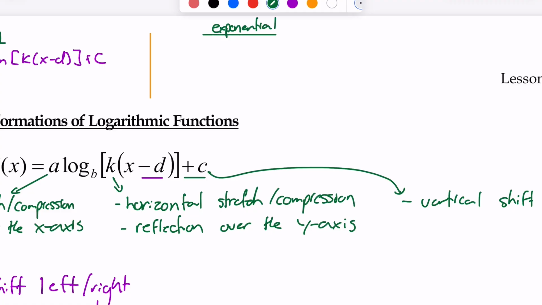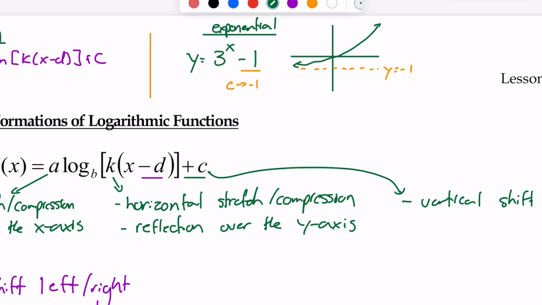In the previous lesson, we did examples where it was like 3^x minus 1 or something. Well, this minus 1, when the C was minus 1, that was the location of your horizontal asymptote. So you would have had a horizontal asymptote right down here, y being -1, and so your graph would have went like that.